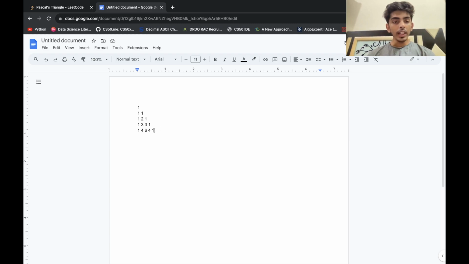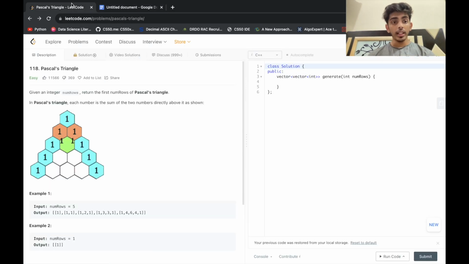If you carefully observe, the boundaries remain the same, which is 1. There is a reason why this is always 1. If you consider this boundary cell, above it there is either this cell and one which is imaginary, and we assume the imaginary cell has a value 0, so 0 plus 1 will be 1.